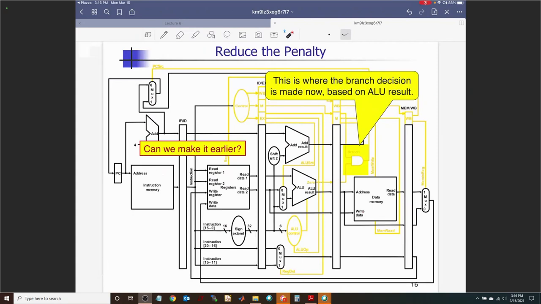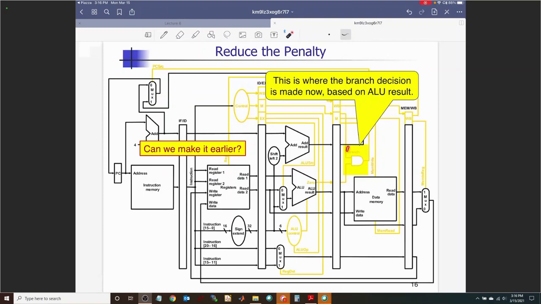Reduce the penalty. Reduce the penalty essentially means make the decision earlier, right? So here is where we were making the decision, right? So this is where the branch decision was being made. After that, the ALU result was being matched with, are you branching or not? That was coming from the main control unit.